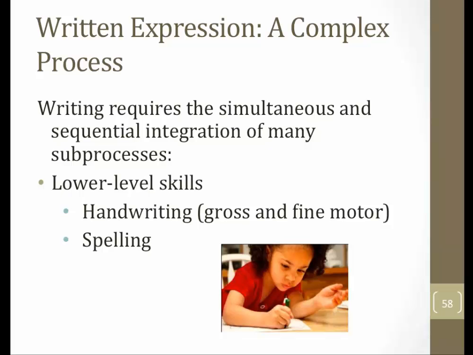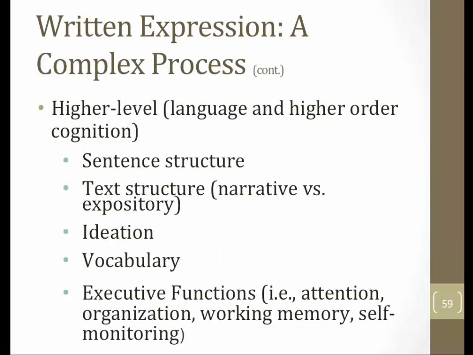And then higher level skills that are more about cognition, metacognitive abilities, and these include writing good sentences, using text structure to help organize the writing, developing ideas, what we call ideation, including vocabulary. Jewel pointed out something very important. Our students might have great vocabulary knowledge, but if they can't spell the words, they often default to a less robust word or a less precise word.